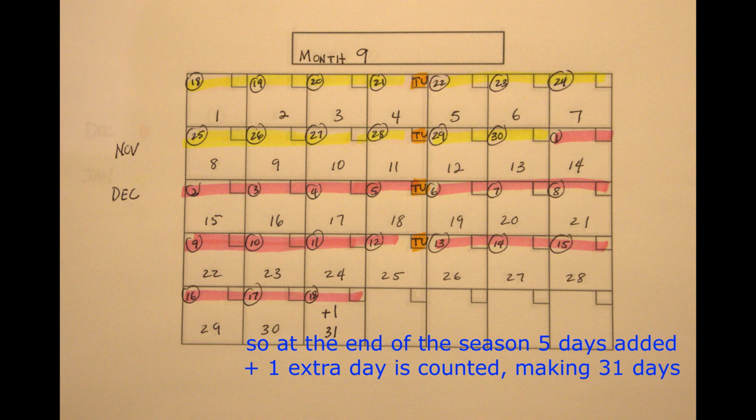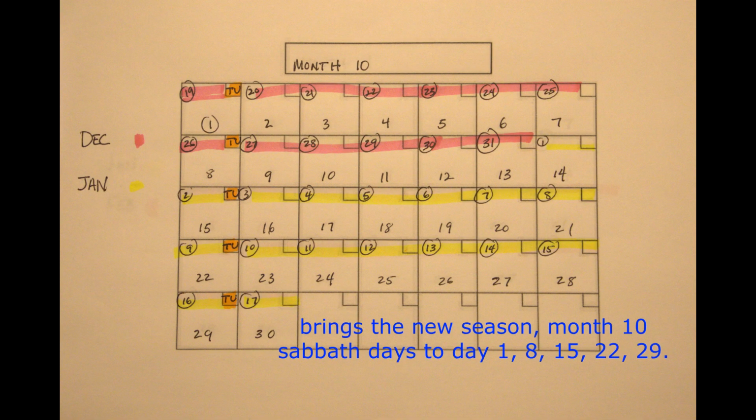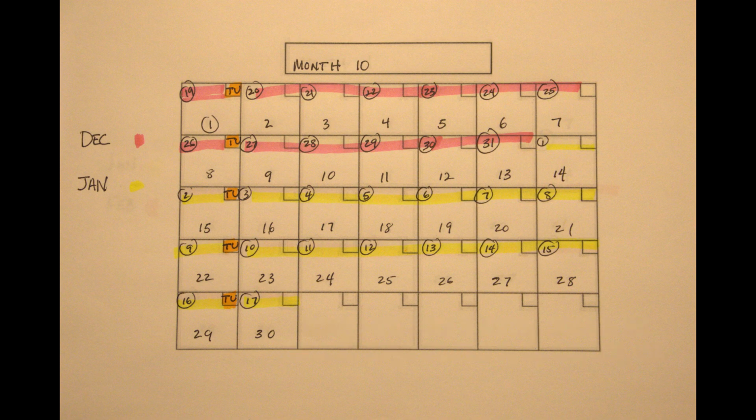So at the end of the season, 5 days added plus 1 extra day is counted, making 31 days. This brings the new season, month 10, Sabbath days to Day 1, 8, 15, 22, 29. The day on the Gregorian calendar is Tuesday.